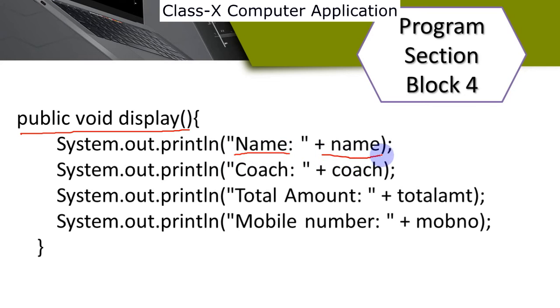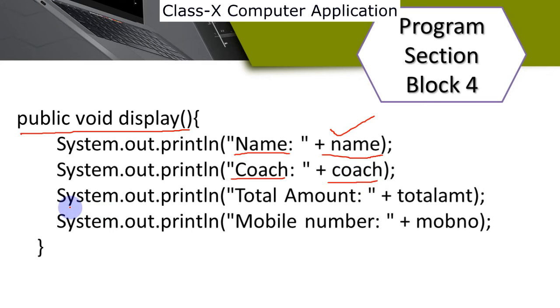Plus name will invoke the initialization, and whatever input has been taken should be printed in this block. Second one, System.out.println coach. Once the coach is printed, whichever coach condition, first AC, second AC, or third AC, that has to be printed in this place.